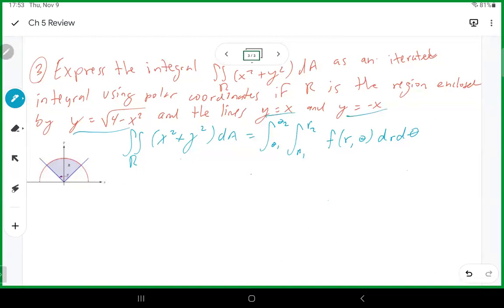And so what does that mean to us? That means that we're going to have an r from 0 to 2, and theta will be pi over 4 to 3 pi over 4. Okay, and you should get that from basically the image.